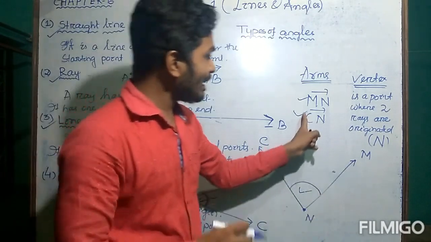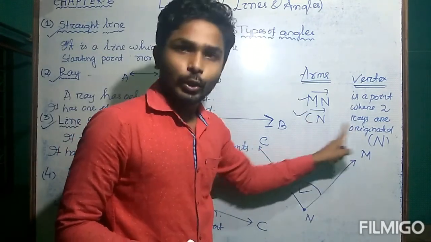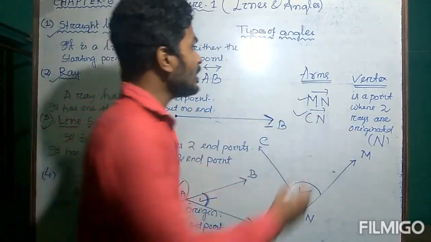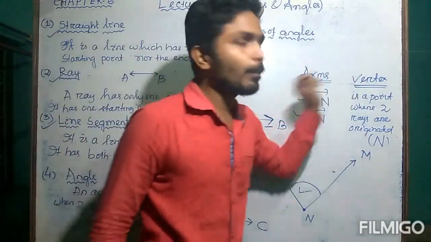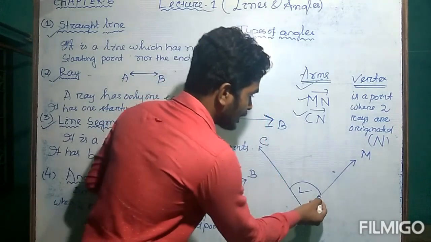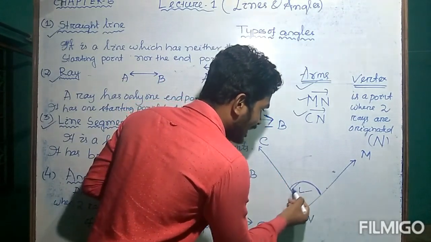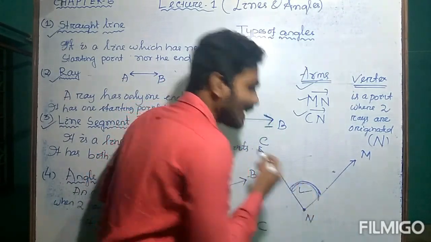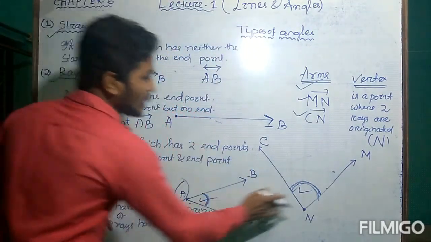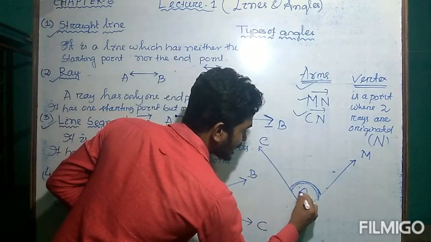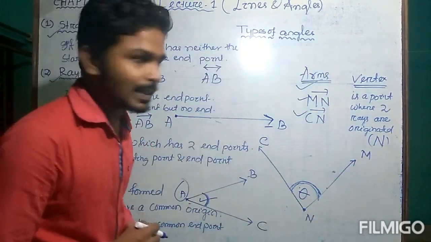Understood? Now an angle, we know, has two terms. One is arm, another is vertex. Now these two together form an angle. This angle can be represented by a symbol that is known as theta. What is it? It is theta.